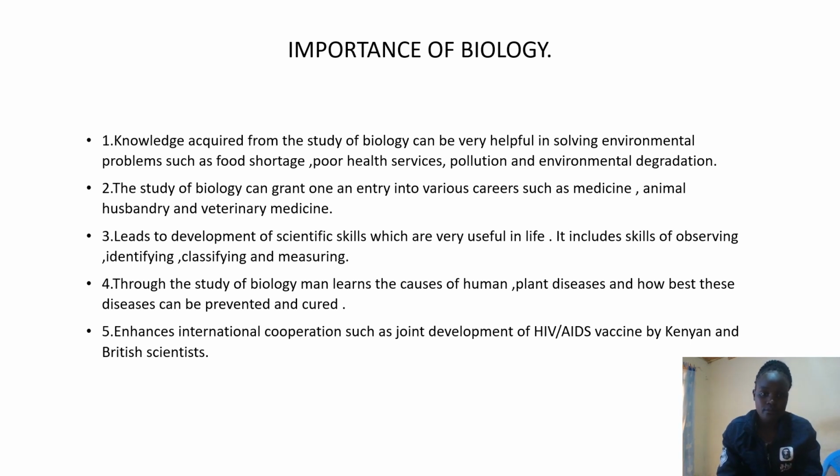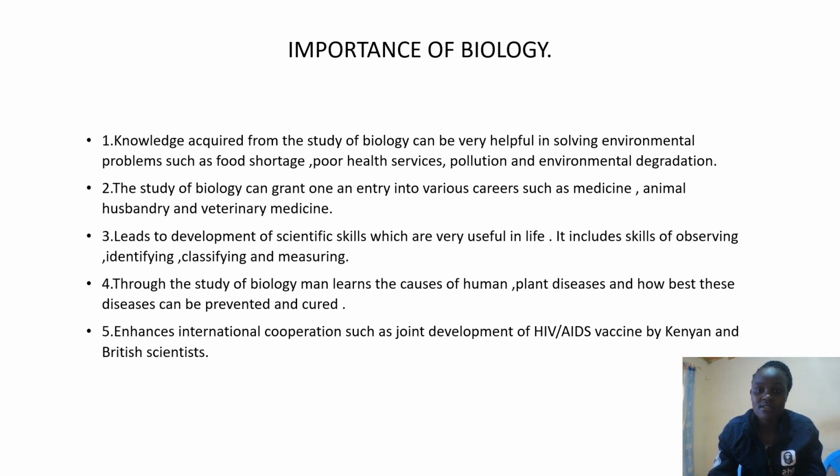Number 4, through the study of biology, man learns the causes of human and plant diseases and how best these diseases can be prevented and cured. So here one can be able to know the causes of human diseases. Let's say, like cancer, you can be able to know what causes cancer and how best you can come up with measures that can prevent cancer.